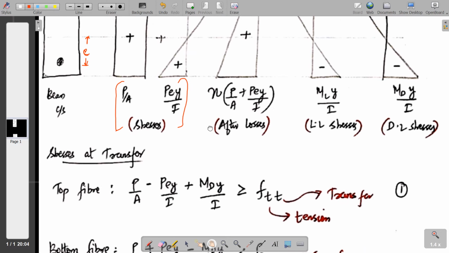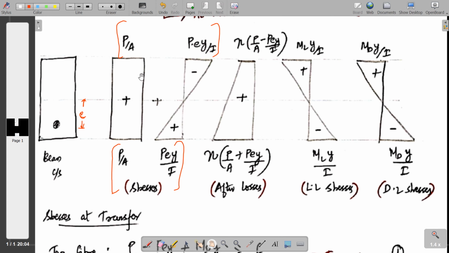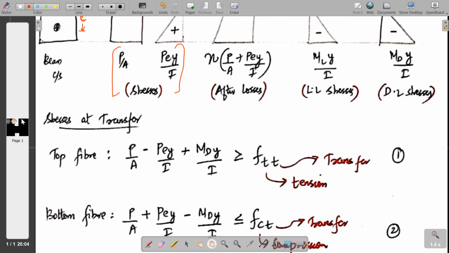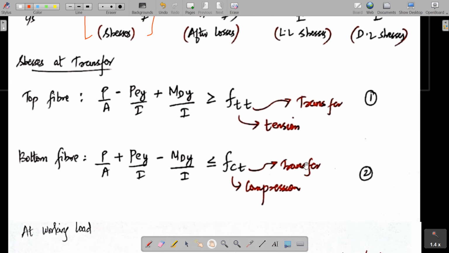Now I will combine these, that is, the stresses at transfer. At the top fiber at the time of transfer, there are no losses, so you have P by A minus P into E into Y by I plus MD into Y by I. This must be greater than or equal to FTT, where FTT is the permissible stress in tension at the time of transfer.